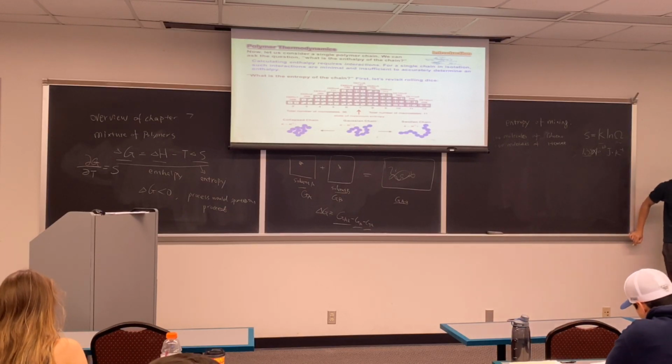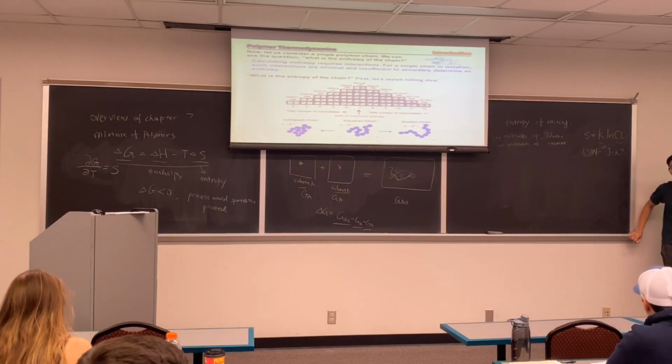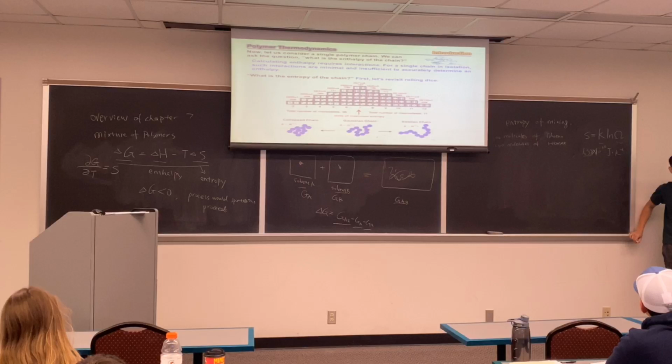It's a constant and doesn't change across different systems or different materials. So now you can see, if we know this equation, we have the possibility to calculate the entropy of your system.